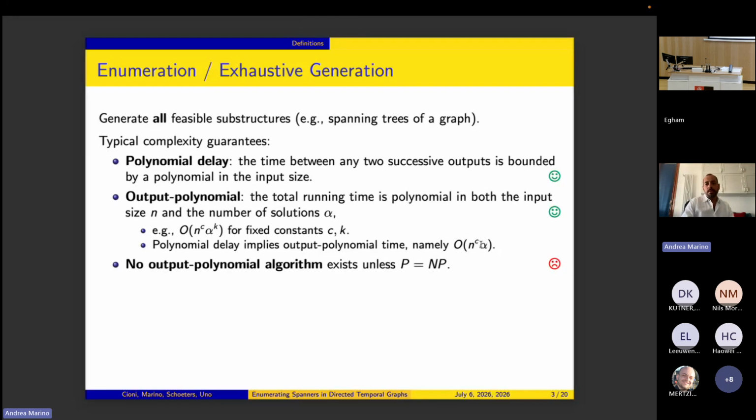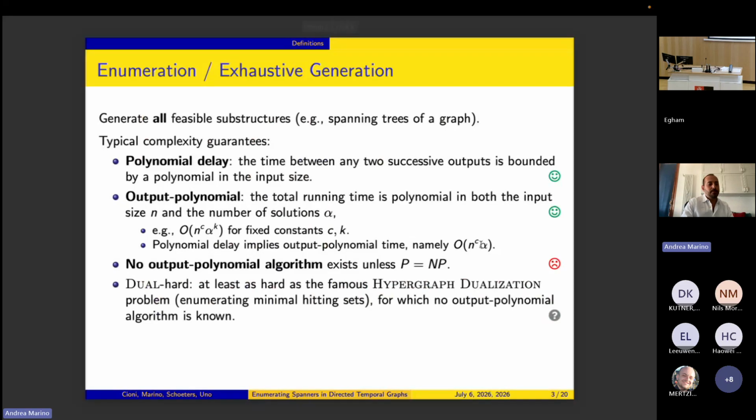But sometimes you can be more unlucky, and you work with problems that do not admit an output polynomial algorithm, unless P equals NP. Sometimes we prove dual hardness, which means that our enumeration problem is just a transformed instance of the hypergraph dualization problem.